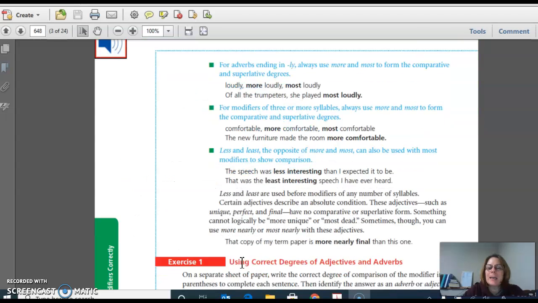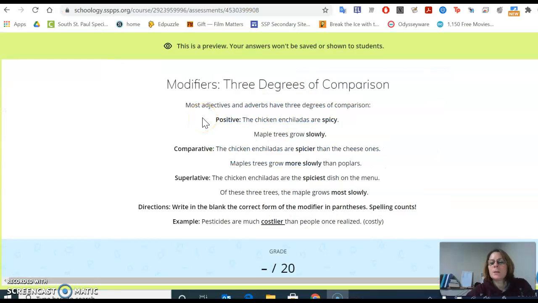Let's take a peek at what we're going to do for our assignments. In our Schoology page, we're going to click on our assignment. You're going to have 20 attempts to get a perfect score. This unit and from here on out, we will not go back and modify your score.